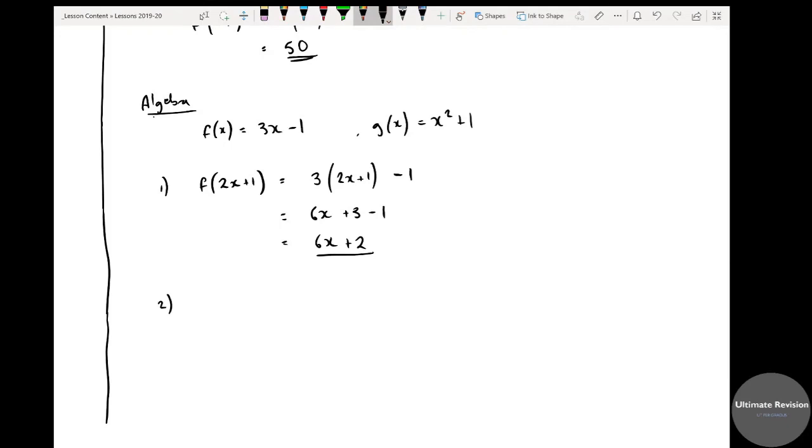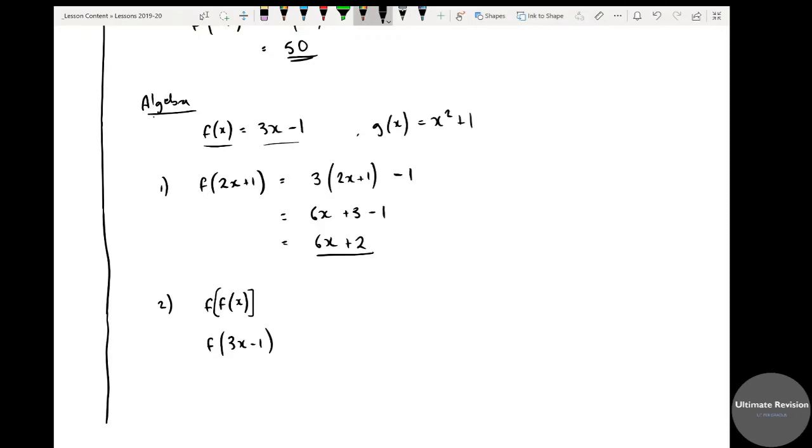Now, what happens if I had f(f(x))? Okay, f(f(x)), this is a composite function, it's double. The same rules apply as above. So I start with the right-hand side, and then I work left. And f(x), well, f(x) is the same as 3x minus 1, isn't it? So that's the same as writing f(3x minus 1).